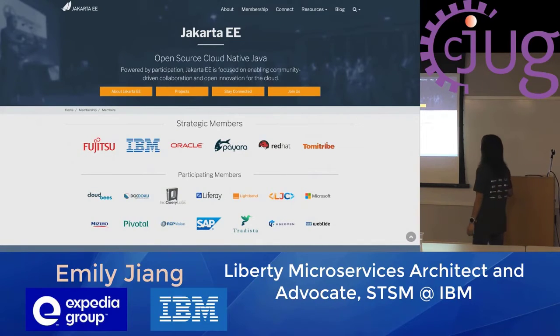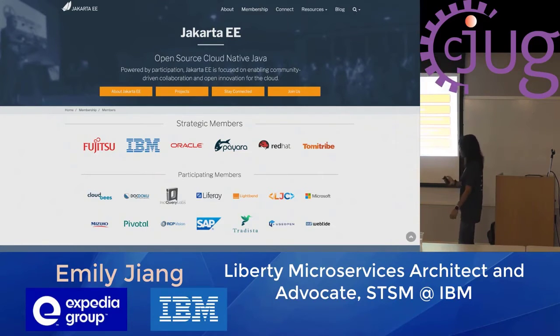Eventually they donated the Jakarta name to Eclipse. So we now use Jakarta. So Java EE now becomes Jakarta EE. As you see, IBM, Oracle, and also Red Hat, all these bigger players are still behind Jakarta EE.